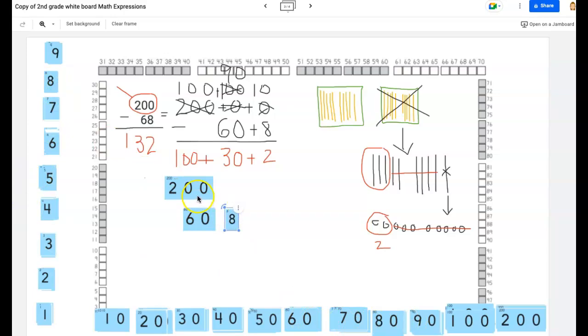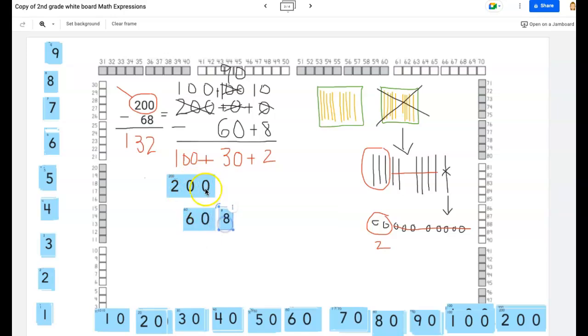But we knew that we didn't have enough ones. So the 60, you would notice there, we don't have enough ones to take 8 away from. We don't have enough 10s to take 6 10s from. So we have to ungroup it.